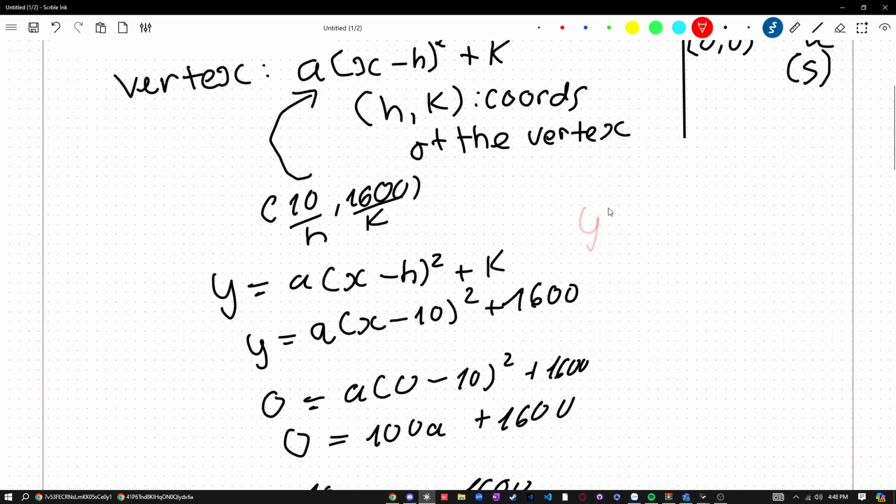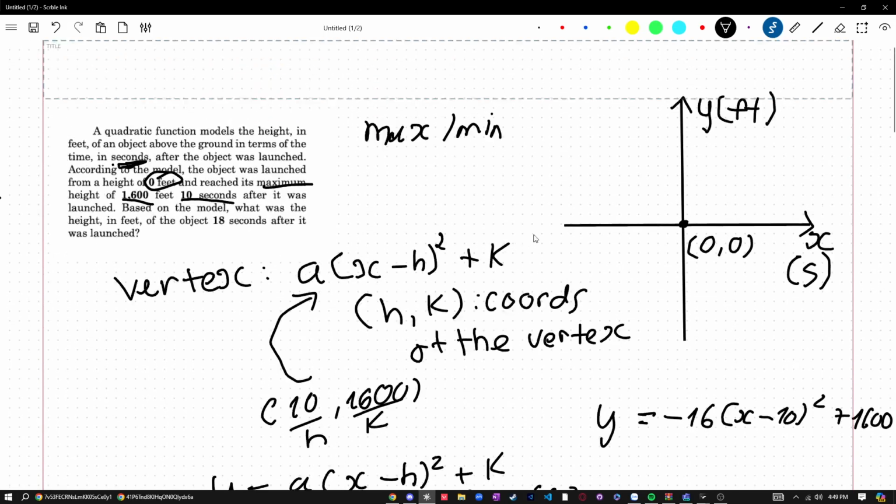So y is equal to minus 16 times x minus 10 squared plus 1600.